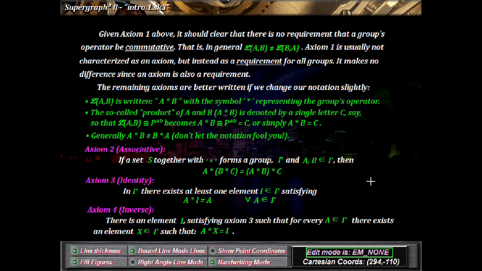And can you think of an example of something that uses numbers and things like plus or times, but isn't a group, that might satisfy 3 out of 4 of these, let's say?